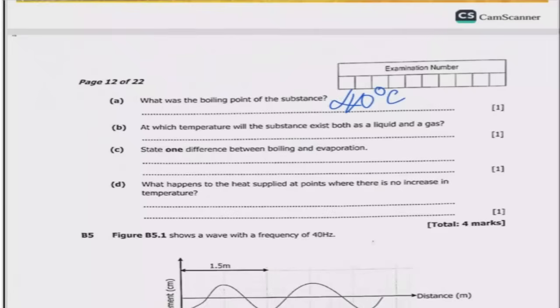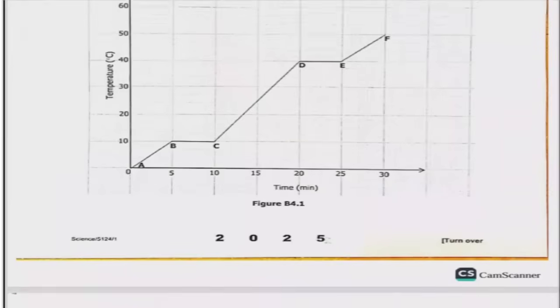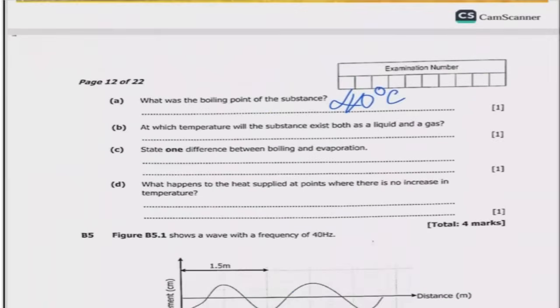When we go there, we can see that between D and E, the substance will exist as a liquid and gas, and the temperature is 40. So again here we can say that is at 40 degrees Celsius. Okay, so now there we have done the question.